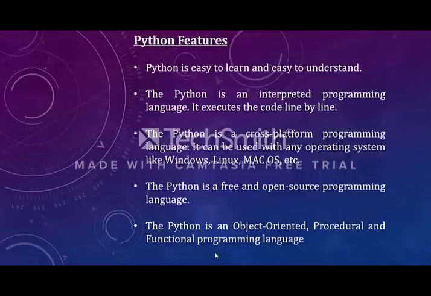Then the most important thing, Python has got its popularity due to this: it is a free and open source programming language. There is a community called the Python community, where, open source means anyone can contribute their programming knowledge or technical skills to the community.